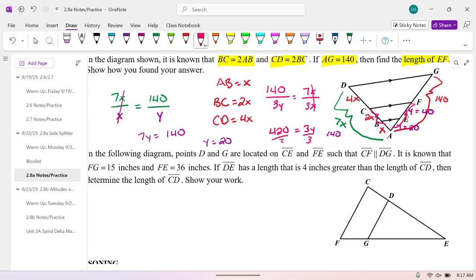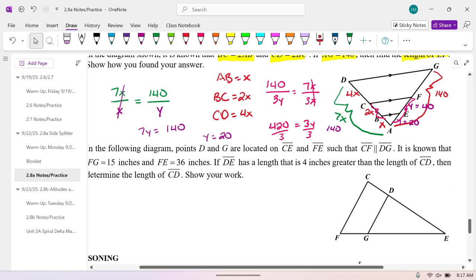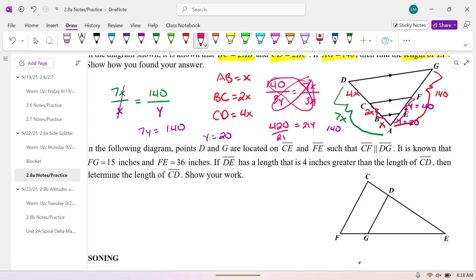Divide by 3. Oh yeah, but divide by 21, not 7, because if you cross multiply, I did that wrong. So divide by 21, that goes away. This would be 200.